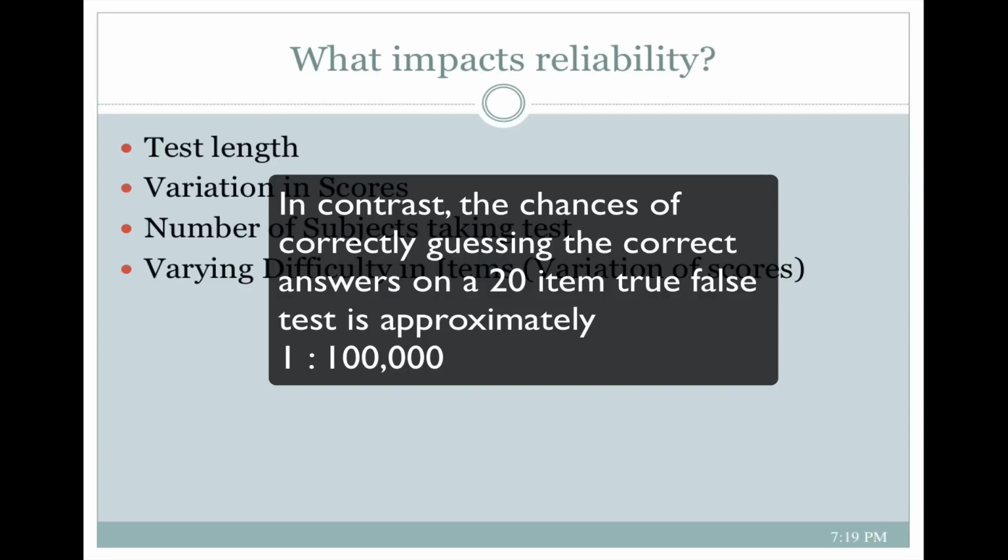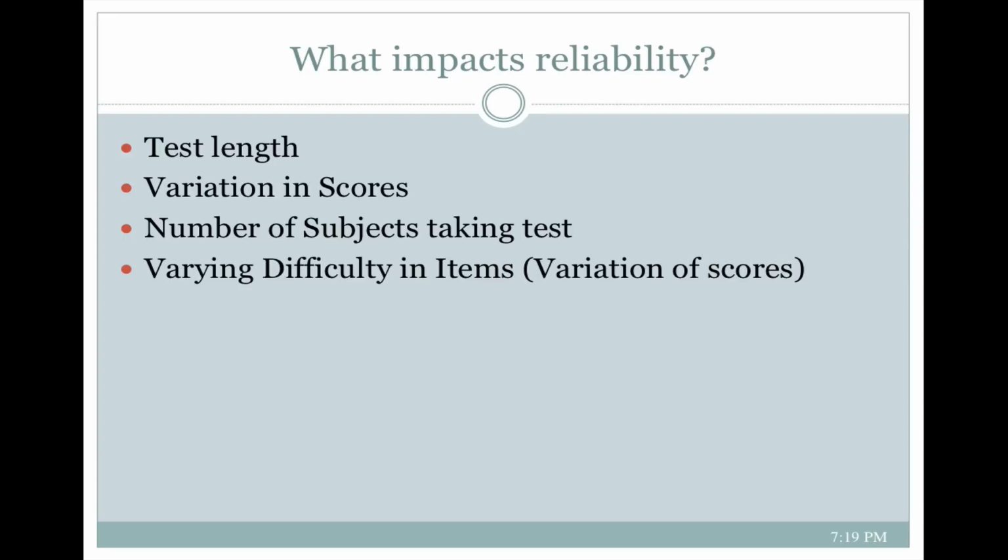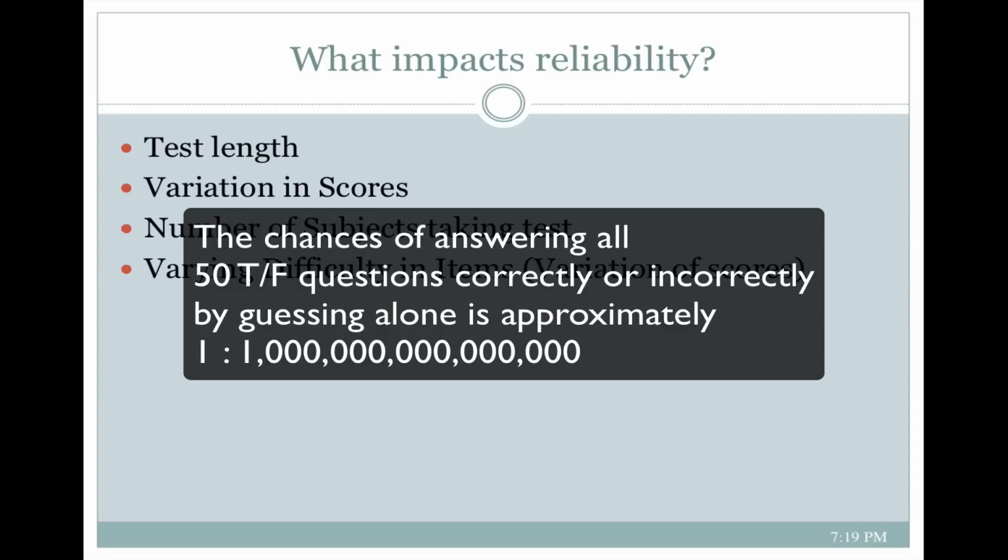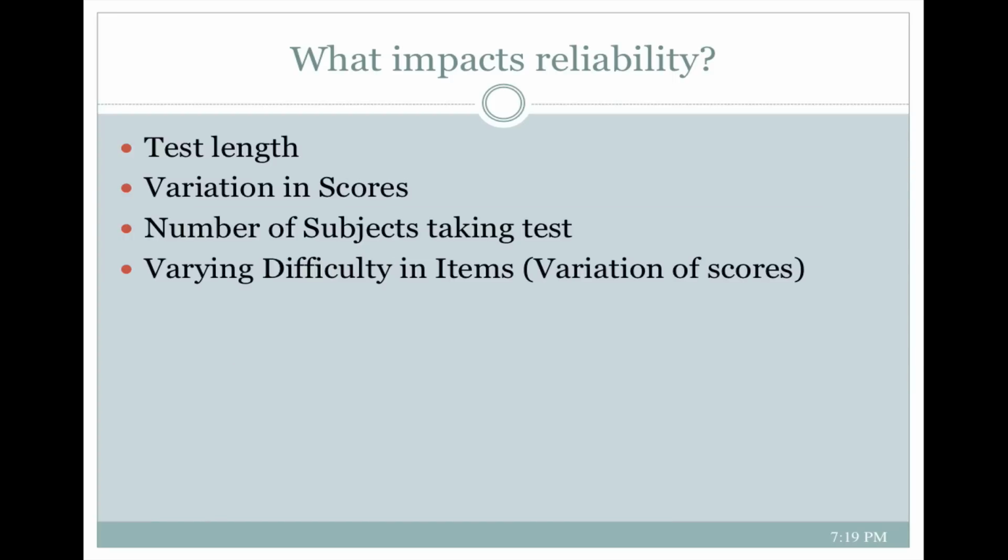If we ask 50 questions on a particular topic, and they're all aligned to that topic, it would be very difficult for someone who's not very knowledgeable to answer all 50 correctly. And it would be very difficult to ask 50 questions on a topic where the person who was in fact knowledgeable wasn't able to answer any of them correctly. So test length has a profound influence on the overall reliability of your test.